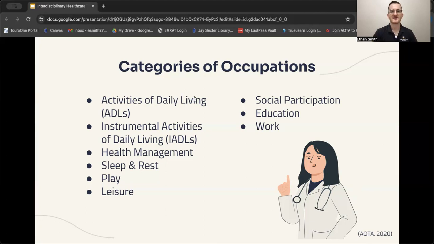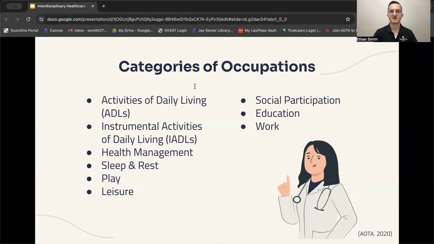Play is defined as activities that are intrinsically motivated, freely chosen, and that may include exploration, humor, risk-taking, contests, and celebrations. Fun fact about play, it is actually considered to be the most important occupation for children and adolescents since they often gain many of their most vital developmental skills from solo play or play with others.